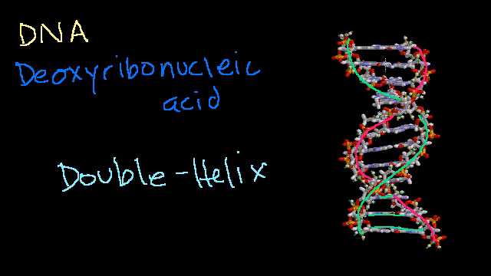So the double helix just describes the structure, the shape that DNA takes, and it leads to all sorts of interesting repercussions in terms of how heredity takes place and how natural selection and variation might take place as well. And in the future, I do want to read with you Watson and Crick's paper on the double helix, where they essentially talk about their discovery.